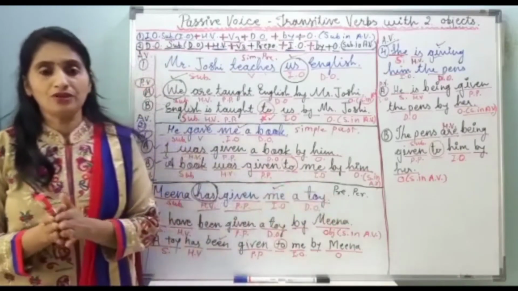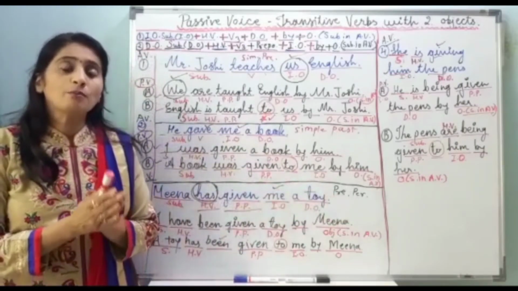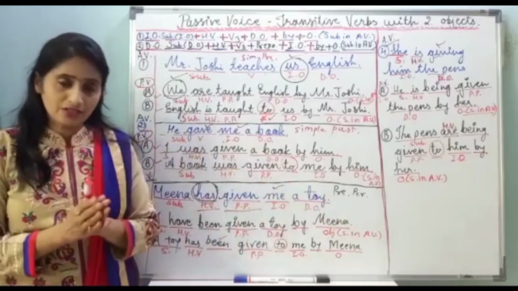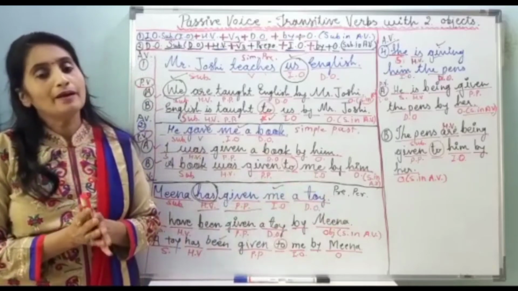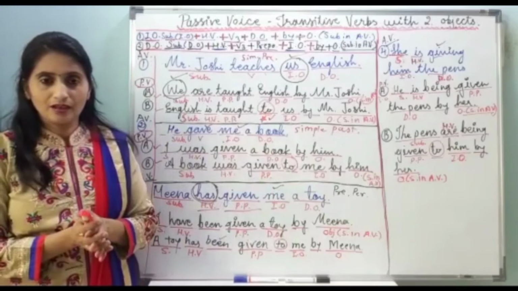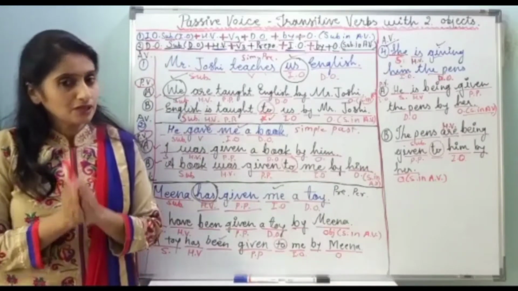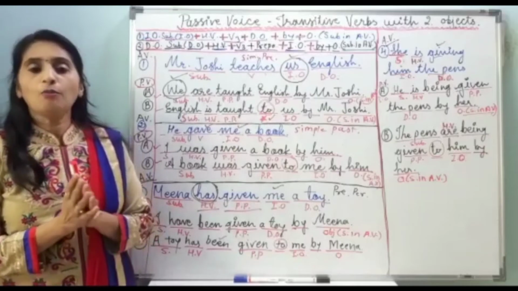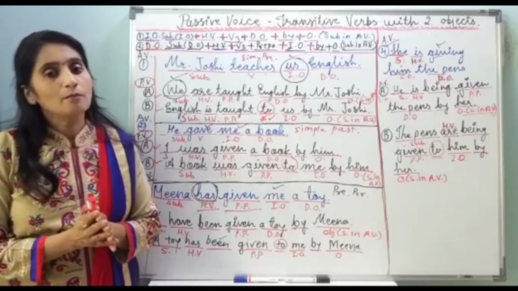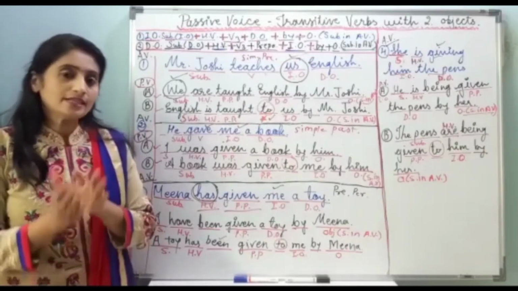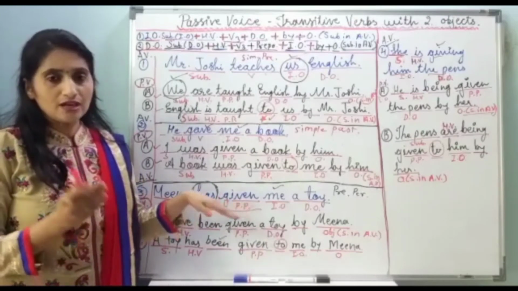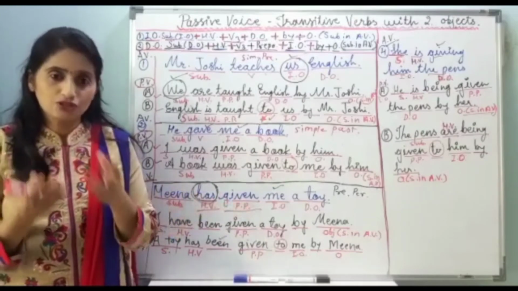Then how to convert the sentences of present perfect tense or perfect tense into passive voice? In one of the lectures, we have already studied the conversion of the sentences of perfect tenses into passive voice. In the same way, we have to do this, but with a little bit of change.